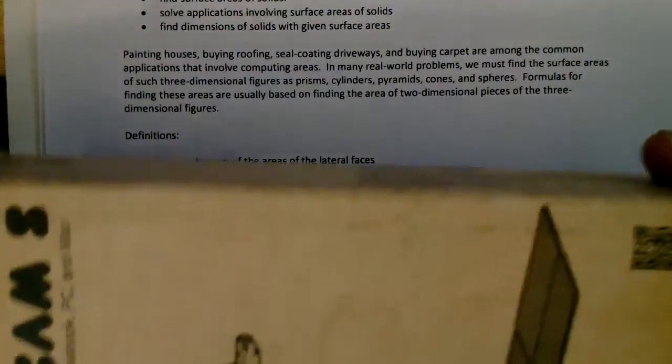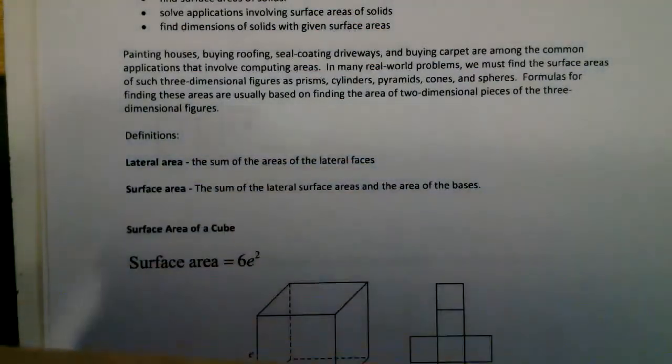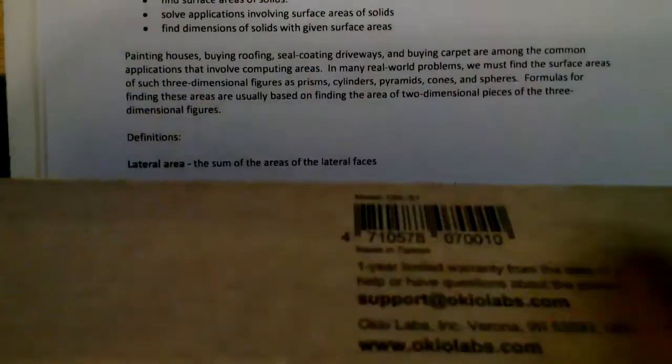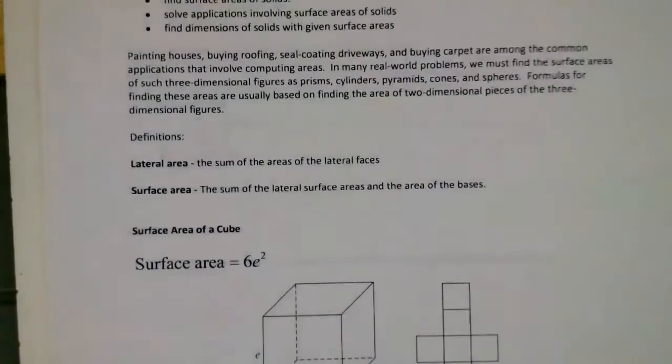So if I'm dealing with the lateral surface area, I'm pretty much dealing with the area in the front, the back, the left side, and the right side. All right, those are called lateral faces.